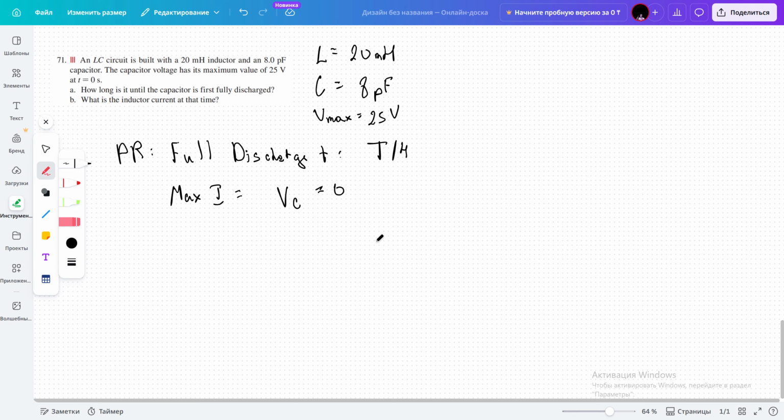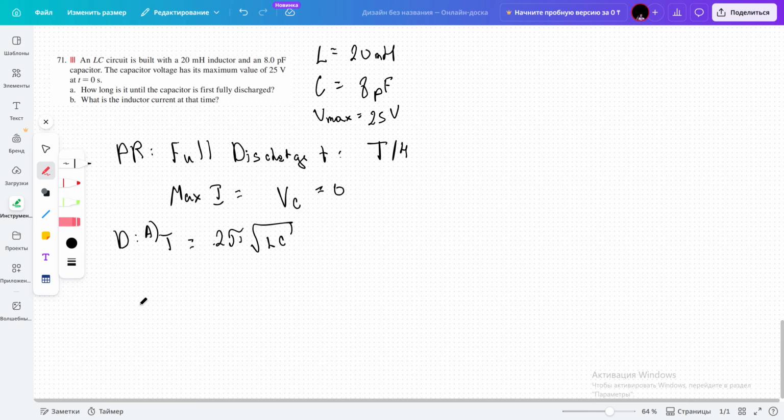And for decomposition, I decompose the problem into two parts. Part A calculates the period of oscillation using the resonance formula, the Thomson formula, and we'll use this formula to find the period.